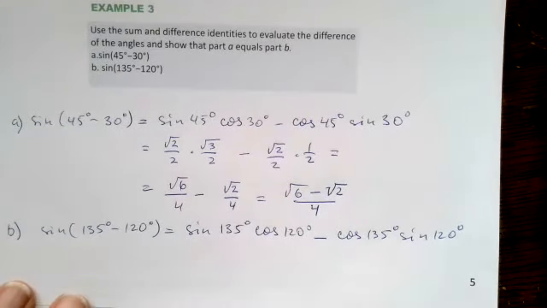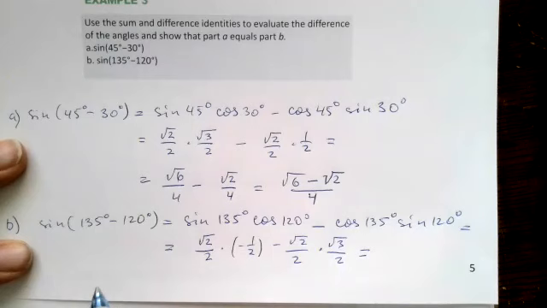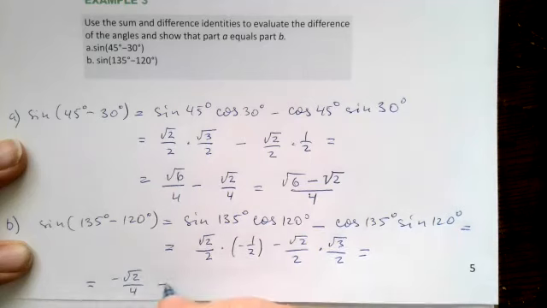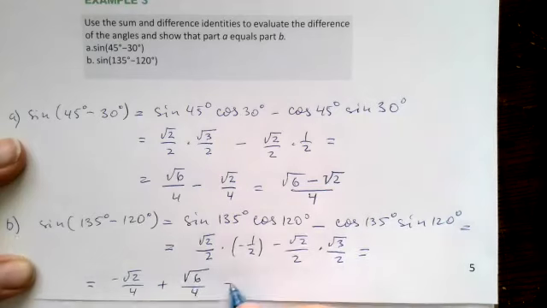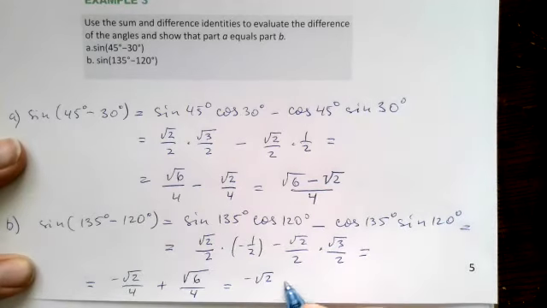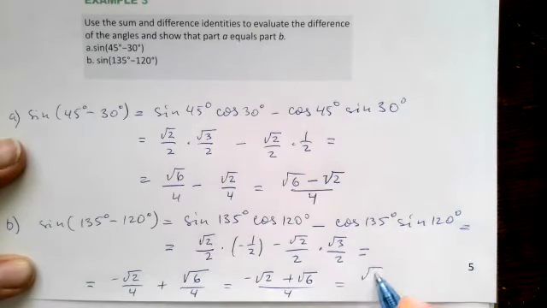All right, so again, we just have to fill in the known values from the unit circle. These are known angles. And here we go, again multiplying and simplifying. This is what we get: root of 6 minus root of 2 divided by 4.